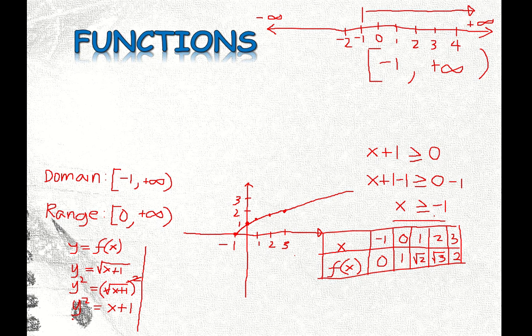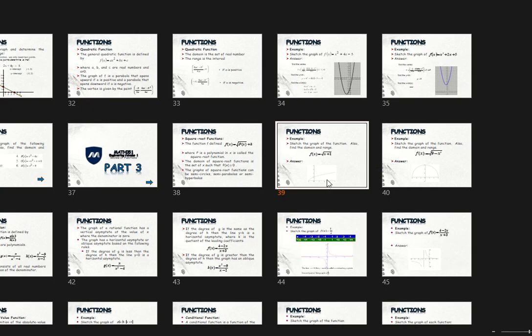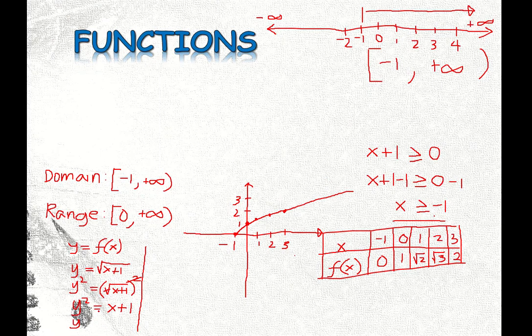So we have y squared, so subtract both sides by 1. Sorry, let's move it to the other side. So y squared minus 1 equal to x.